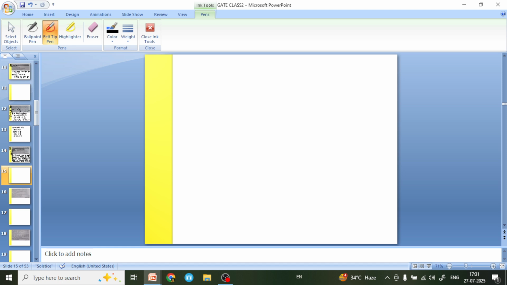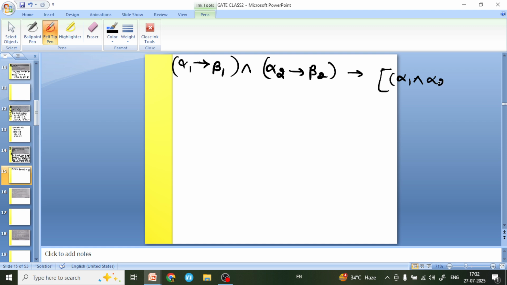You can prove it. First, here you can write alpha 1, beta 1 and alpha 2, beta 2 implies alpha 1 and alpha 2 implies beta 1 and beta 2.